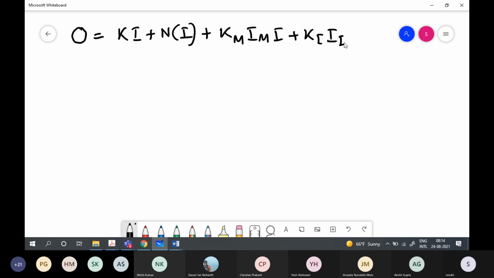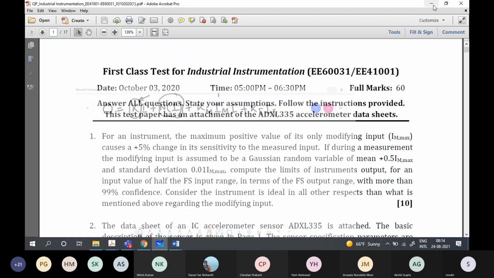So what is the nominal sensitivity of the instrument? It is this. In this instrument, Ni is assumed to be 0. Is it stated in the problem? Consider the instrument is ideal in all other respects.